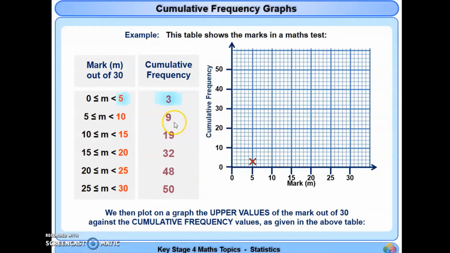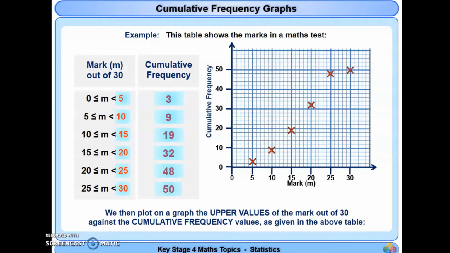Okay, so the first data point, as I mentioned, gets plotted at 5, 3. Where I've plotted it there. Then we're going to plot 10, 9. Then we move on to 15, 19. Then 20, 32. 25, 48. And finally 30, 50.